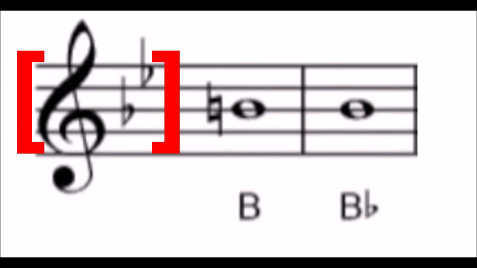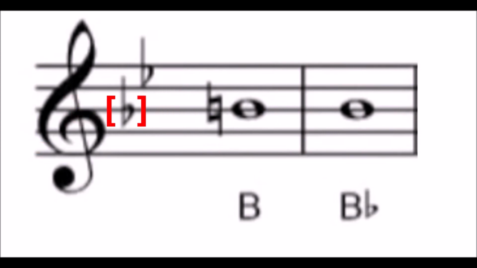So let's say there's a B flat according to the key signature, and the composer wants you to play the note B instead. At a certain point in the music, a natural sign would be placed before the note. The natural sign tells you to play B natural and not B flat.